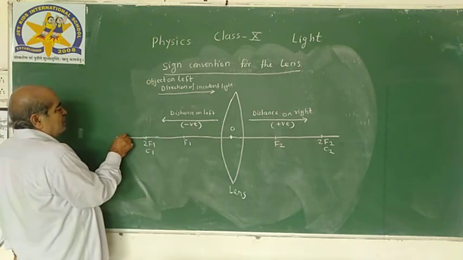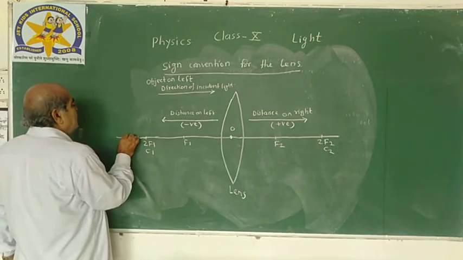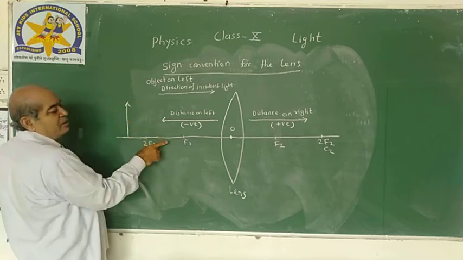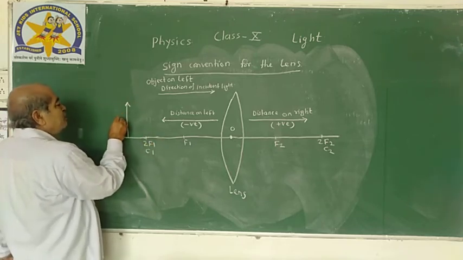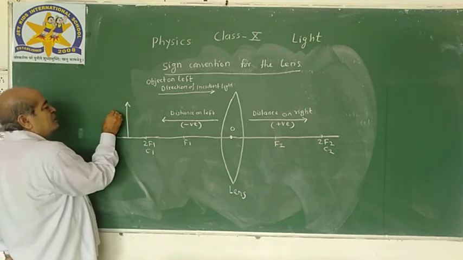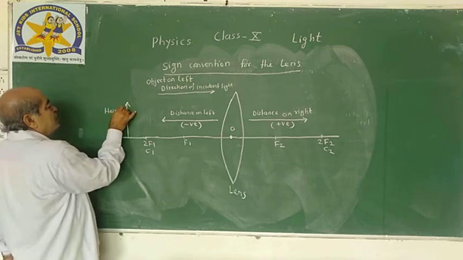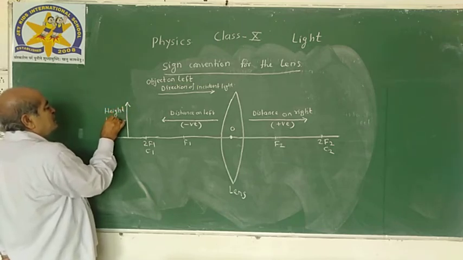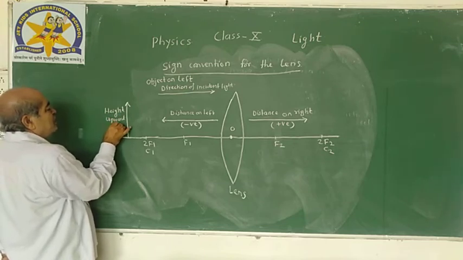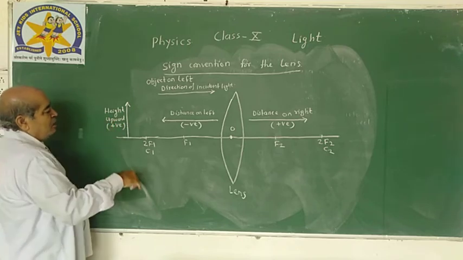Then the fourth rule is, the height of the object perpendicular to and above the principal axis is taken as positive. So this is the height upward on the principal axis, and it is taken as positive.